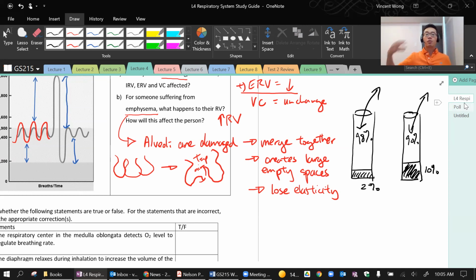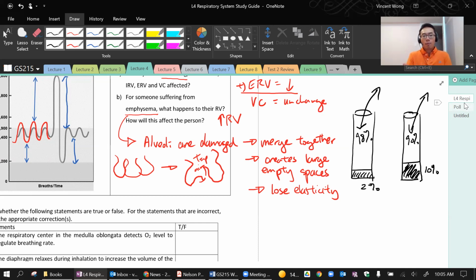And so over time, if you keep on increasing the residual volume, then you'll be breathing, but you would have shortness of breath because you're not getting enough oxygen into your system. Does that make sense? The person will have more difficulty breathing out. Without the elasticity, exhalation becomes laborious because you have to physically force the air out.